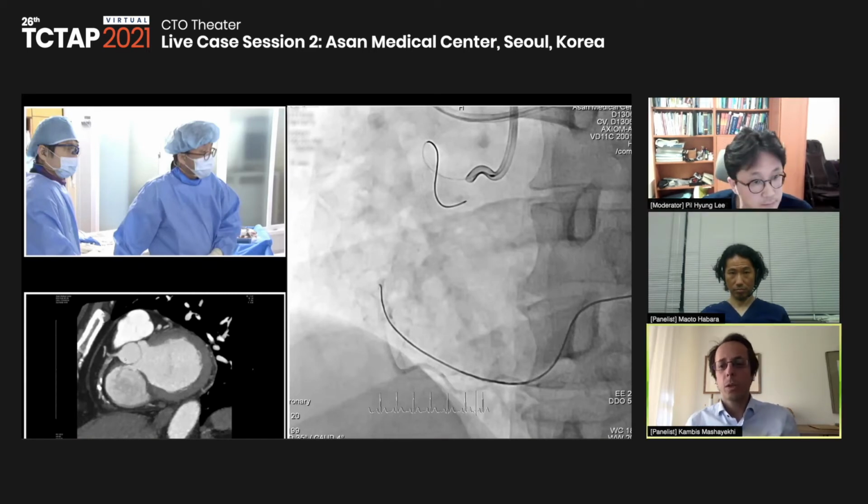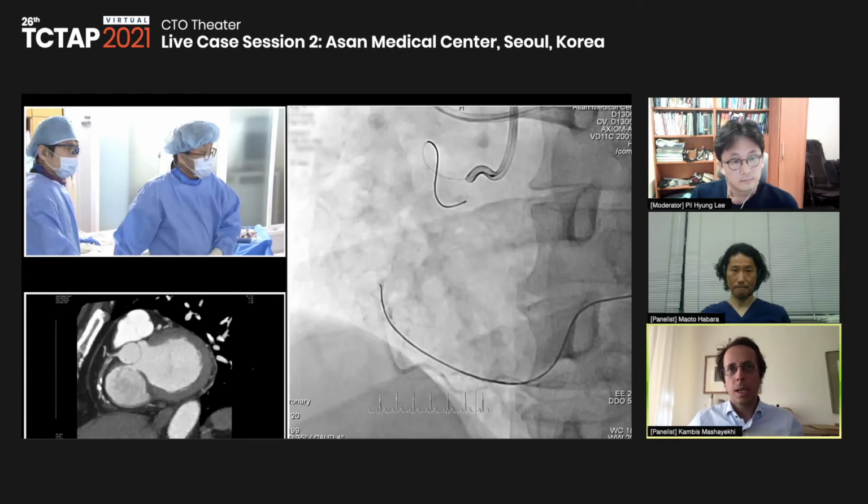So one question which I have here at this point, to you two as operators, because now there are data out on the passability of non-septal and septal collaterals. One is the J-channel score from Japan, where Kato Sensei was one of the co-authors.